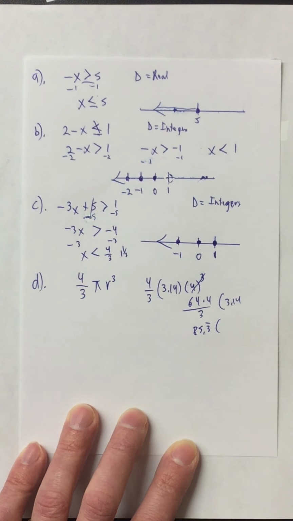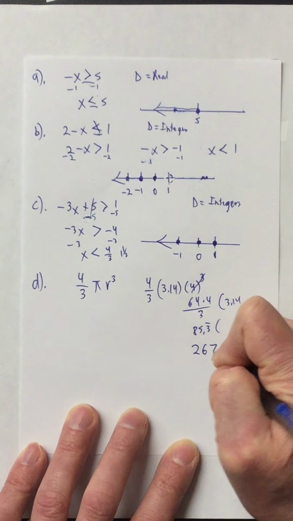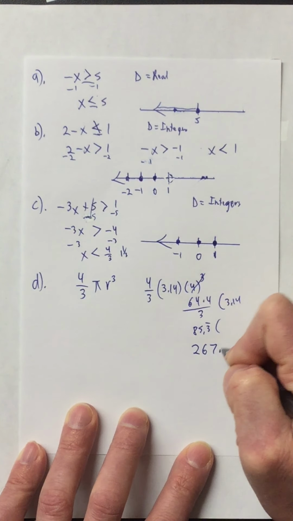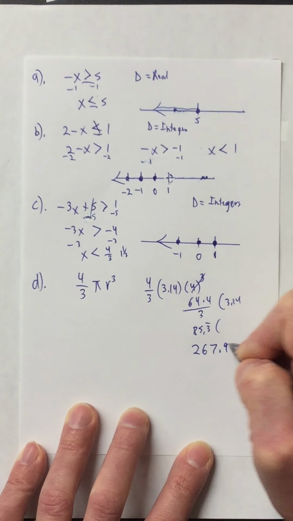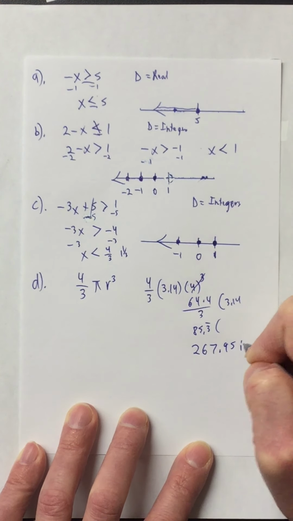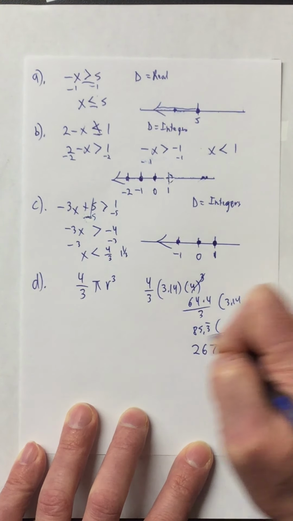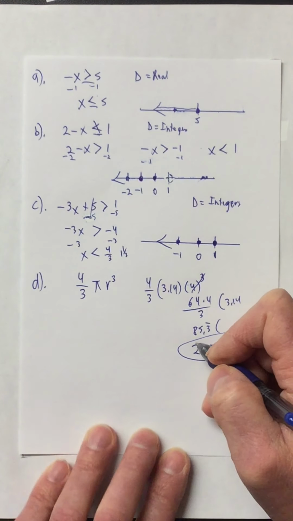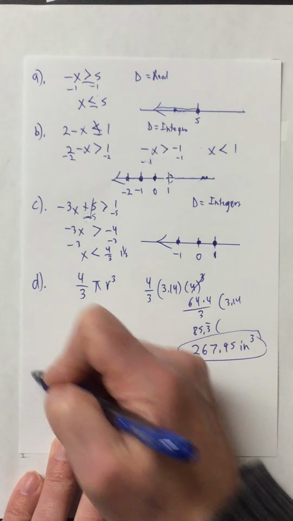So then I'm going to multiply that by my 3.14, and looks like my answer is 267.9, and then I'll round it to 5, and it was giving me inches cubed. So there's my volume for practice problem D.